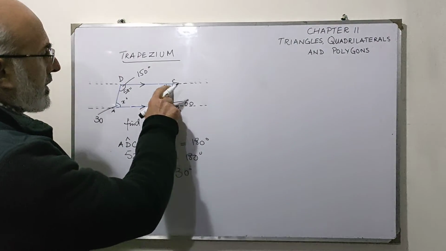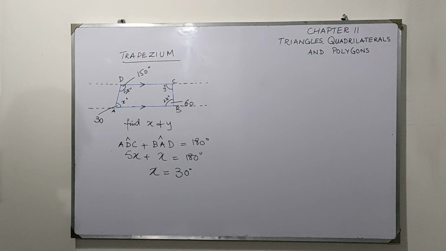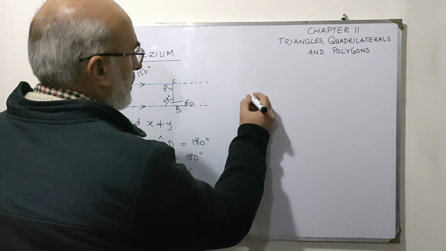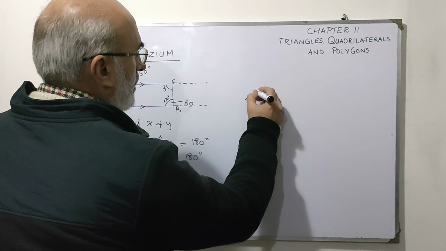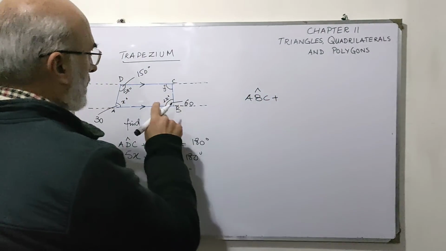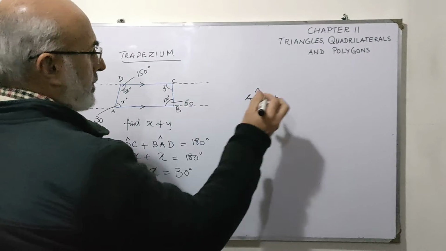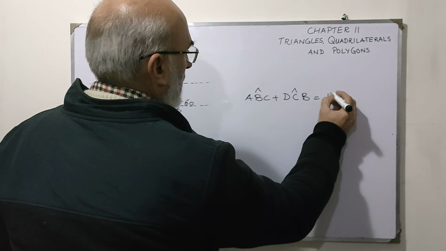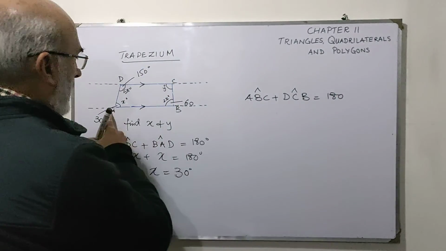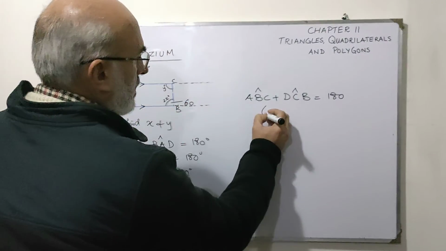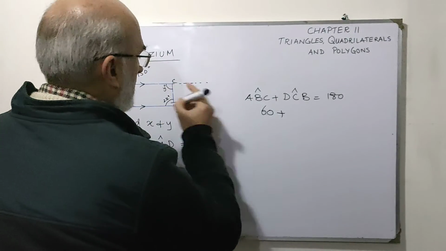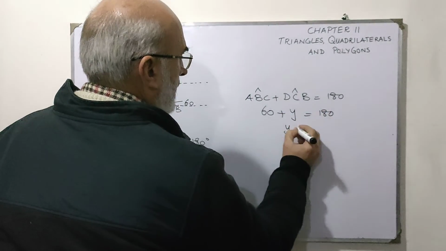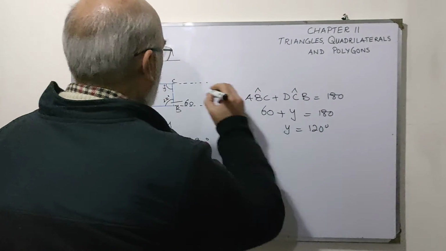This angle plus this angle is equal to 180 degrees. So this angle is ABC plus DCB is equal to 180 degrees. And angle ABC is 60 plus y is equal to 180 degrees. So y is equal to 120 degrees. So we have this value as well.